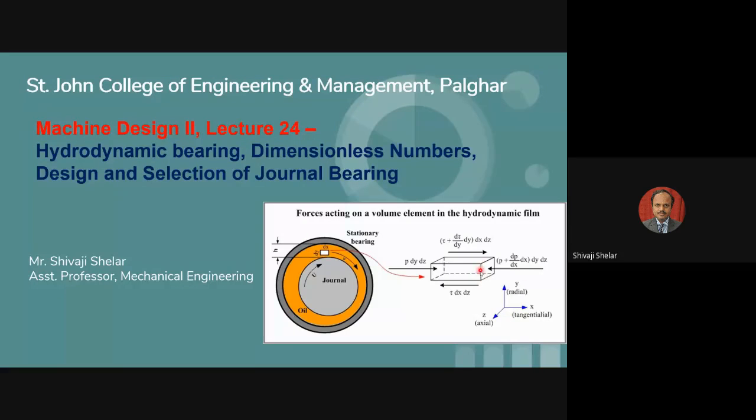This control volume will be subjected to forces in the X direction, Z direction, as well as Y direction. In the Y direction there is no motion, so we will not consider forces in the Y direction. The motion of the fluid will basically be in the X direction, that is, rotating around; X is a tangential direction, and Z is the axial direction.